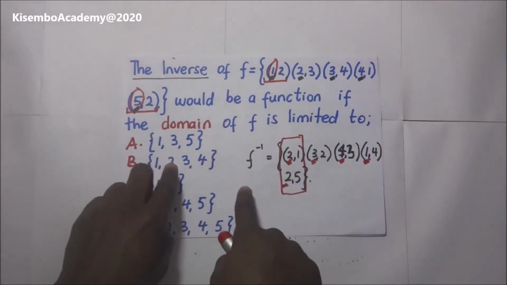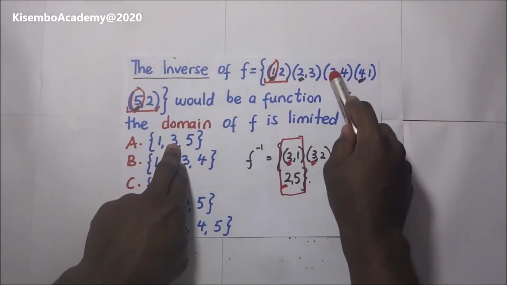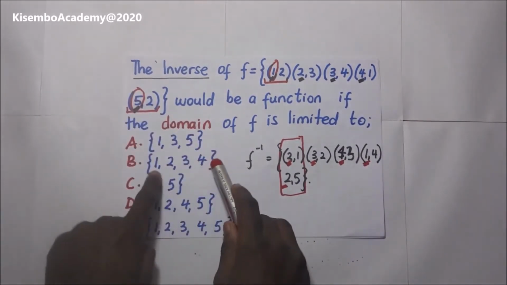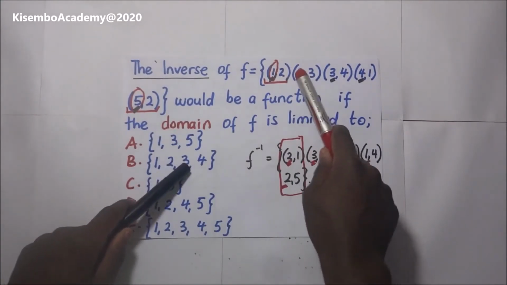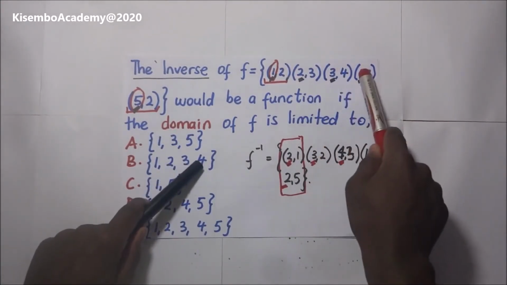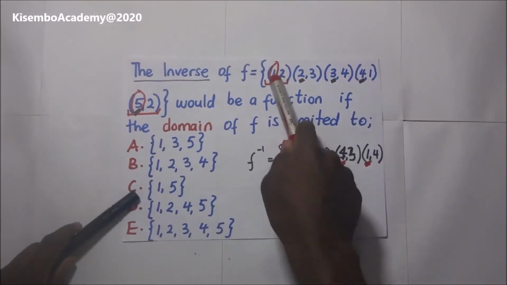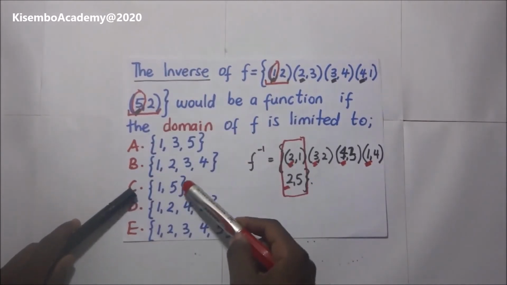So the domain would be limited to 1, 3, 5. No, that is not it. A is not it. Part B, we have 1, 2, 3, and 4. This one, B, looks correct. C is 1 and 5. These are the ones we are eliminating, so C is not it.